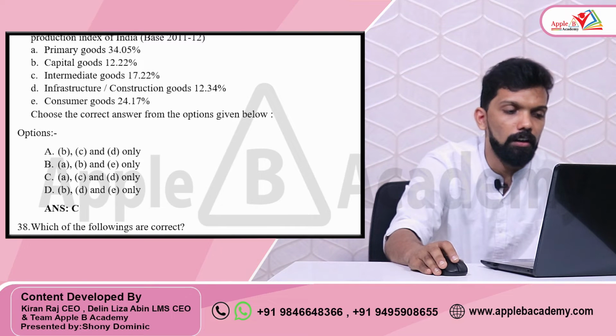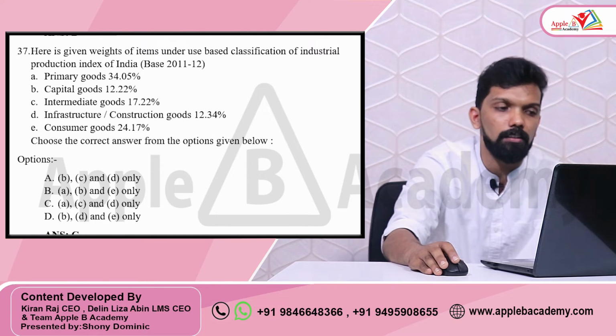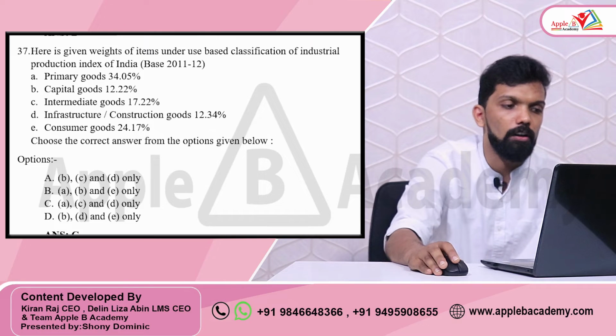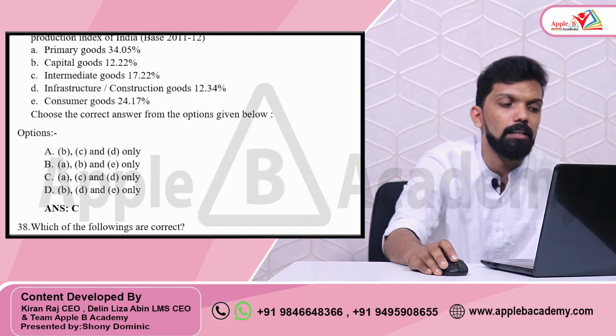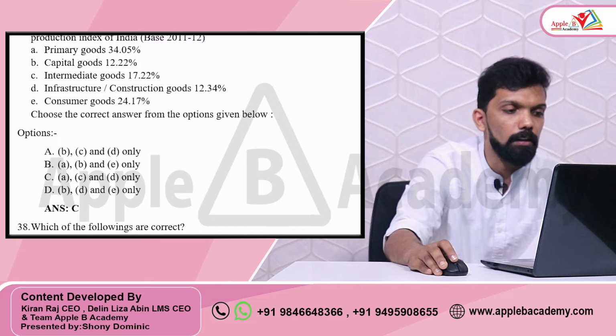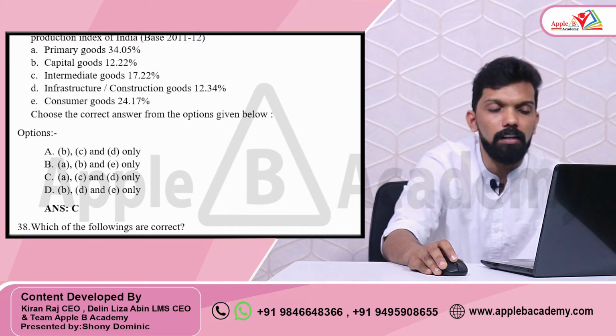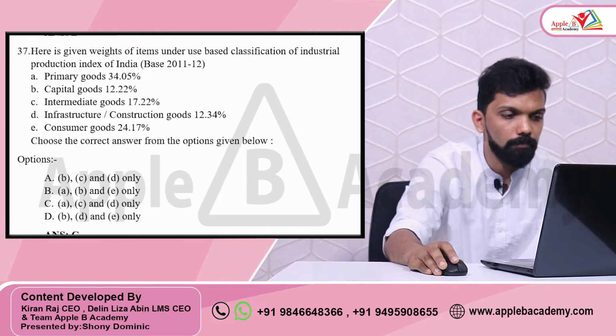So we have to identify the correct weightages in the statements. So the right answer for this question is option C, which is statement A, C and D only correct. So the primary goods, the intermediate goods and D, infrastructure and construction goods weightages are the correct ones.